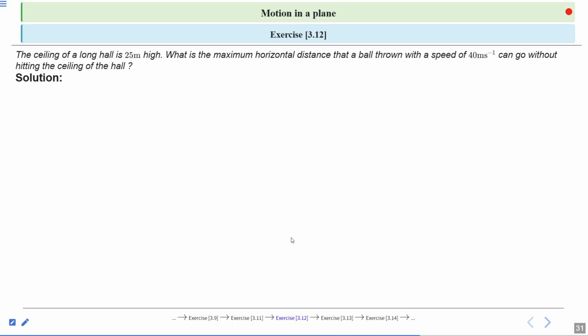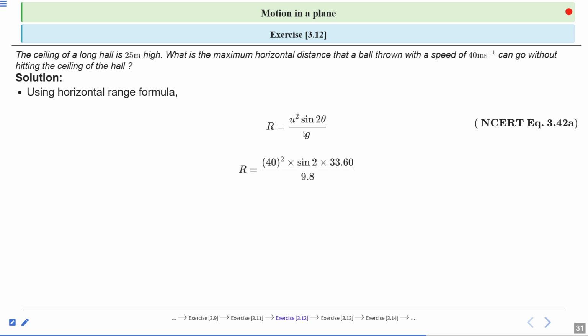Using horizontal range formula, R is equal to U square sine 2 theta divided by G. Substituting in this formula, 40 square into sine 2 into 33.60 divided by 9.8, and solving this, you will get R equal to 1600 into sine 67.2 divided by 9.8.